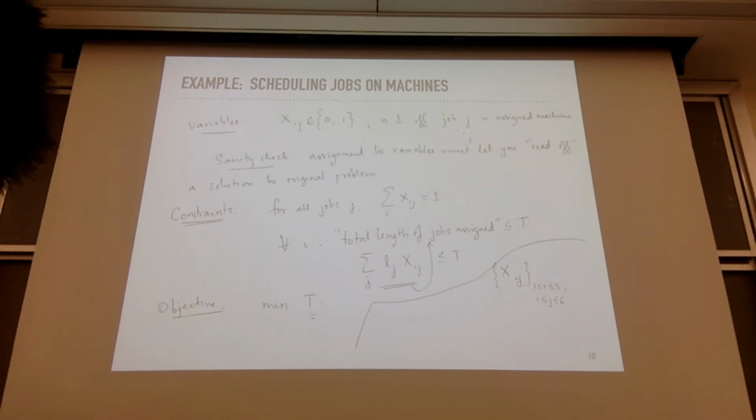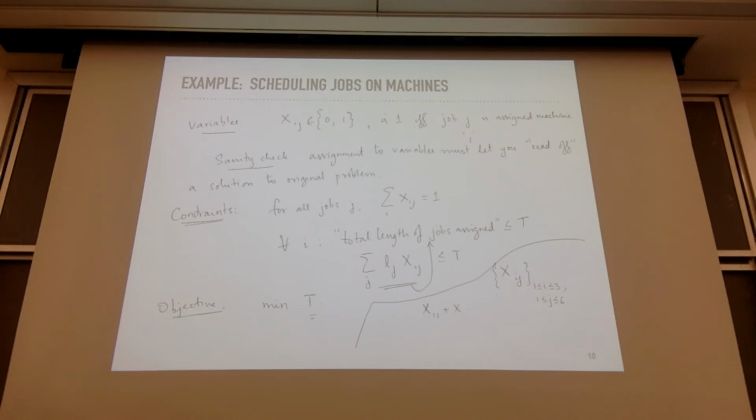And you just tell them that there's a bunch of constraints here, like x11 plus x21 plus x31 equals 1, and the same thing when the 1 is replaced by 2, 3, 4, 5, 6.